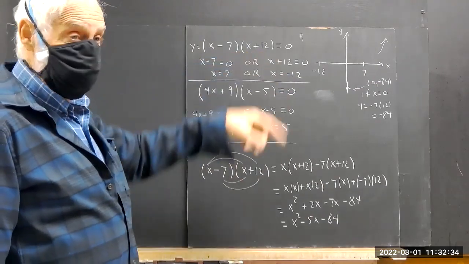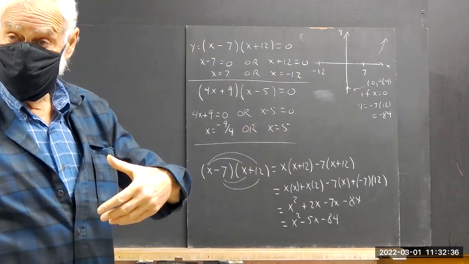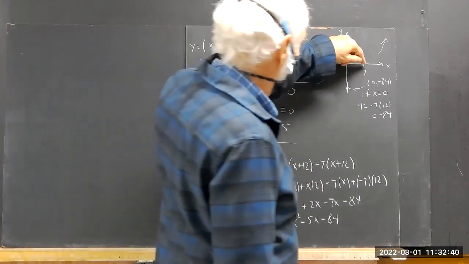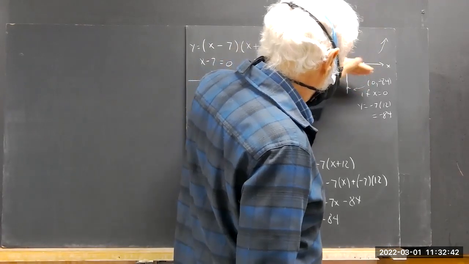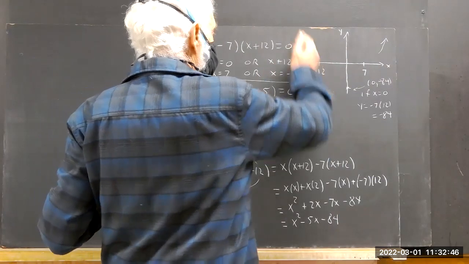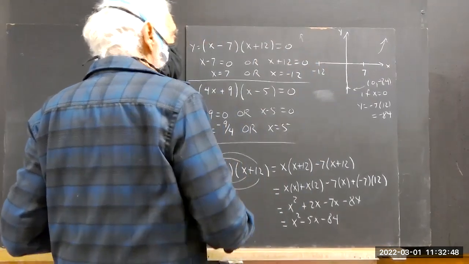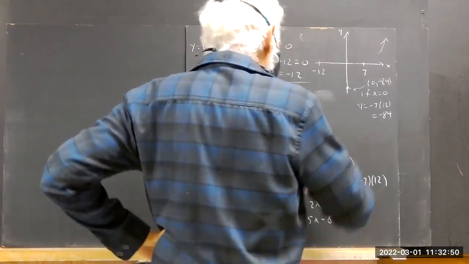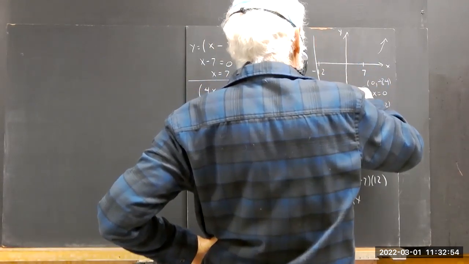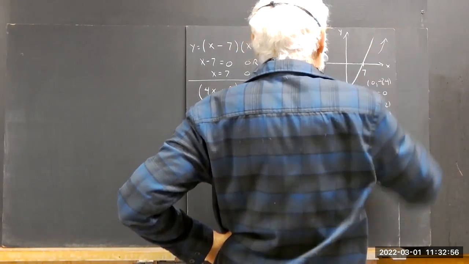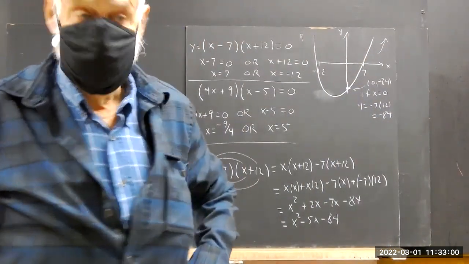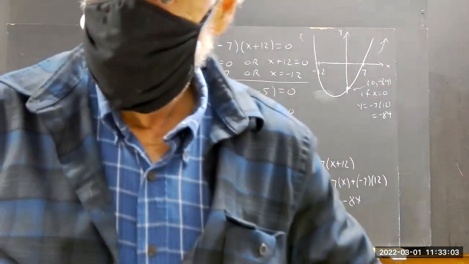And x plus 12 is going to be negative if x is less than negative 12, right? So we know that the thing is positive all the way to the right of x equals 7. It's positive all the way to the left of negative 12. So now we can sketch a graph. It might look something like this. Well, that's really lopsided, but that would be a conceivable graph. Okay.